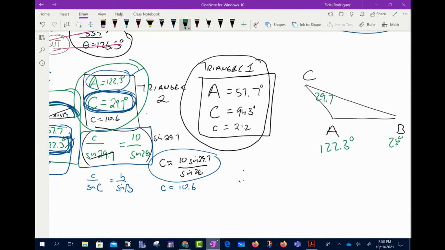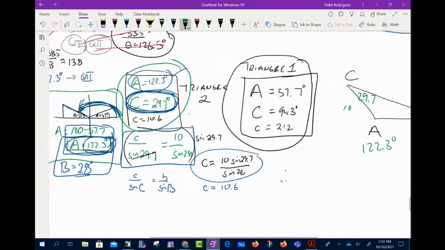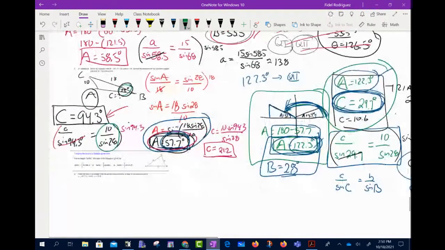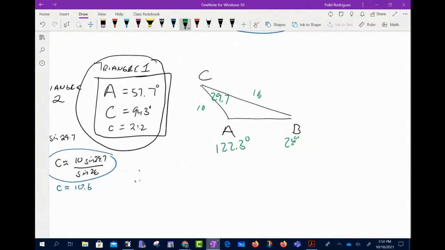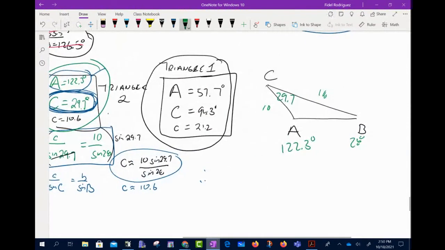And then I want to say that side B was 10. Did we find a value for A, or were we given A? I don't remember. Oh yeah, A was 18. And this was 18, and we just found C to be something like 10.6. Okay, so that's what we came up with right there.